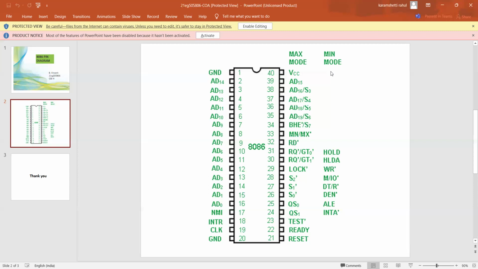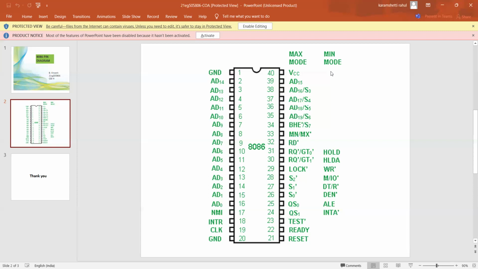For the memory or input output pin, when it is 1, then the data is transferred into the memory or received from memory. When it is 0, then data is transferred to the input output devices or received from the input devices.